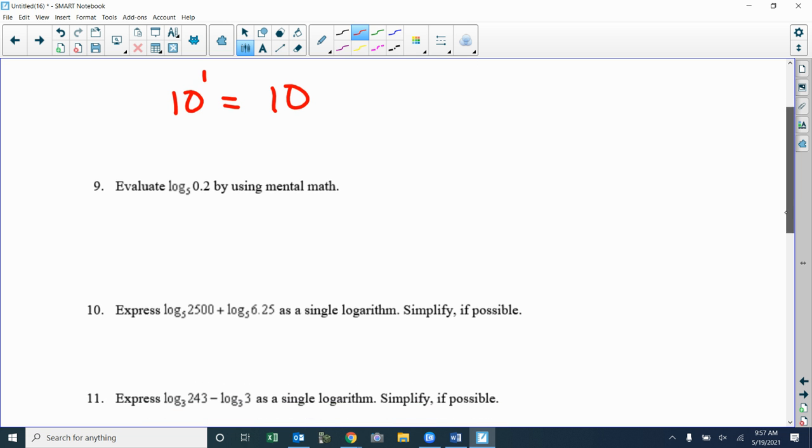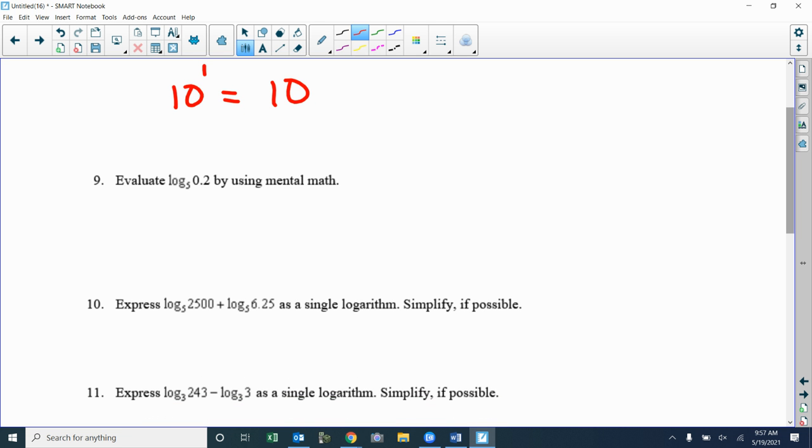Number 9 says mental math, but I probably would just grab my calculator, folks, so that way you don't mess it up. So it is the log of 0.2 divided by log of 5.